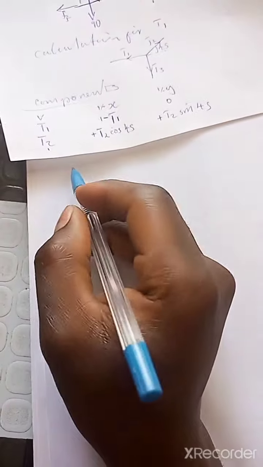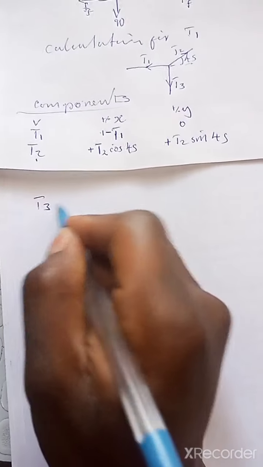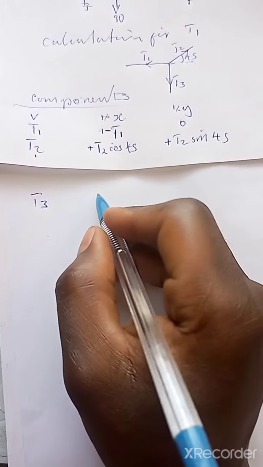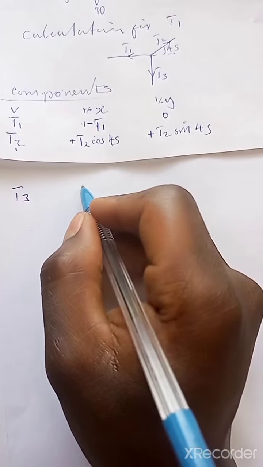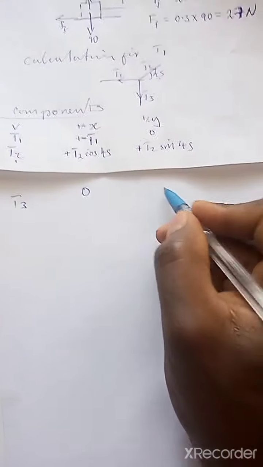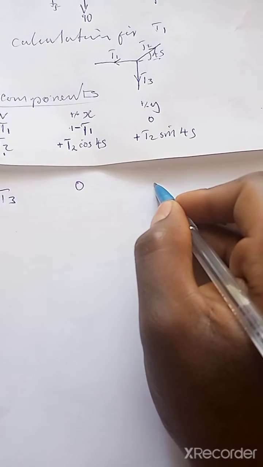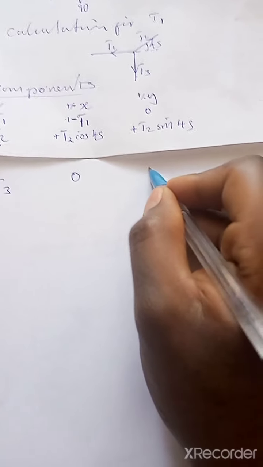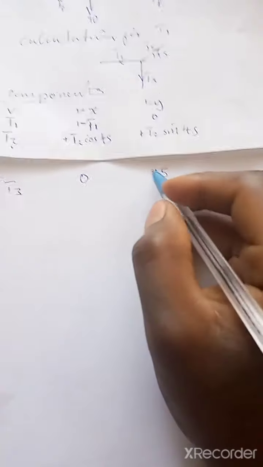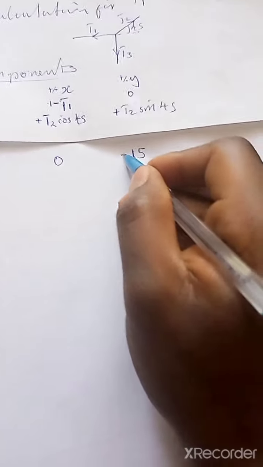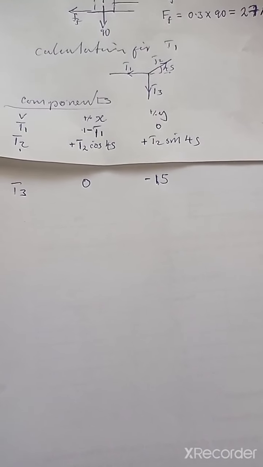For the vector T3, the x component of T3 will be 0. The y component will be 15, then positive or negative, this is in a negative direction.